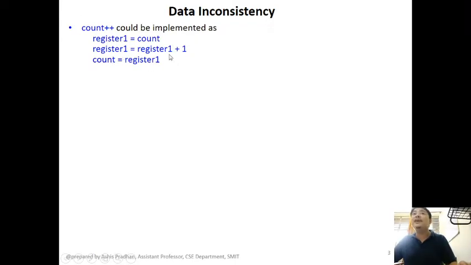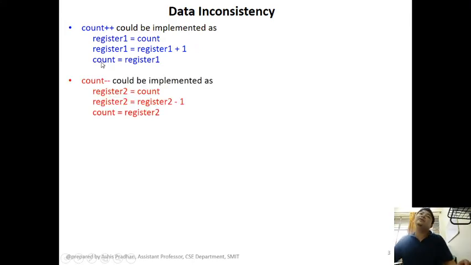So in the second step the memory is not being updated; rather, the register content is being updated by 1, and only after completion of the third statement will the value in the memory be reflected. Similarly, it will follow for count minus minus.